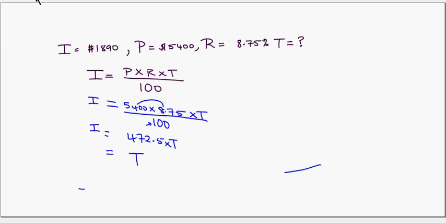Therefore, we have to divide the interest, which was 1890, by 472.5. And when you divide it, you get T. That works out to be 4, and it will be in years. So your answer is 4 years.